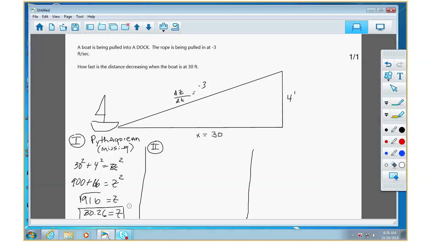Now what are we going to be dealing with? The Pythagorean theorem. So, what do you have? You have x squared plus 4 squared is equal to what? z squared. I take the derivative of that with respect to t.